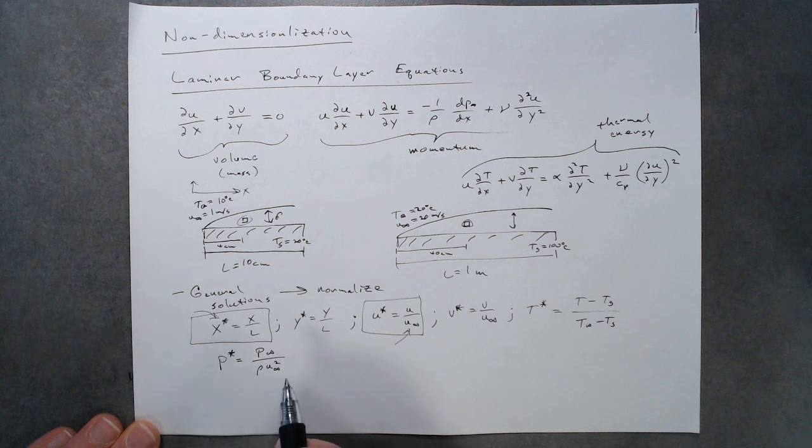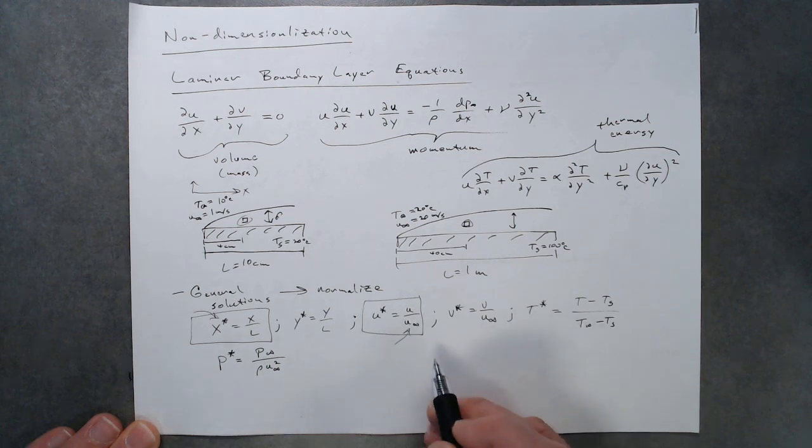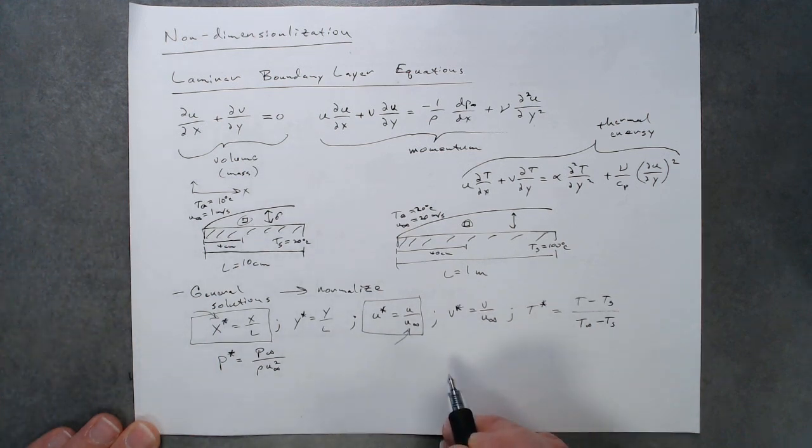That means that they are unitless. They have no physical units. Likewise, we can consider a v star, velocity in the y direction, again normalized by the free stream velocity.